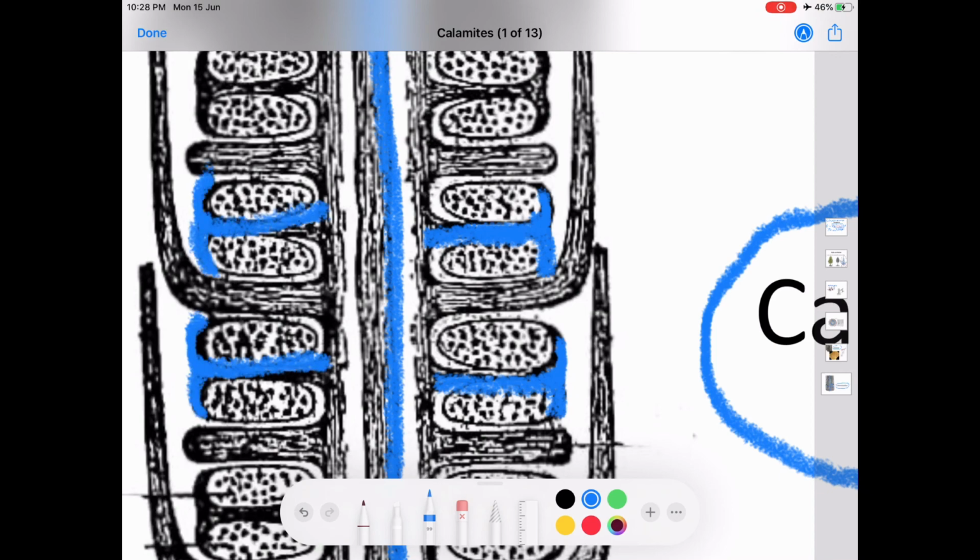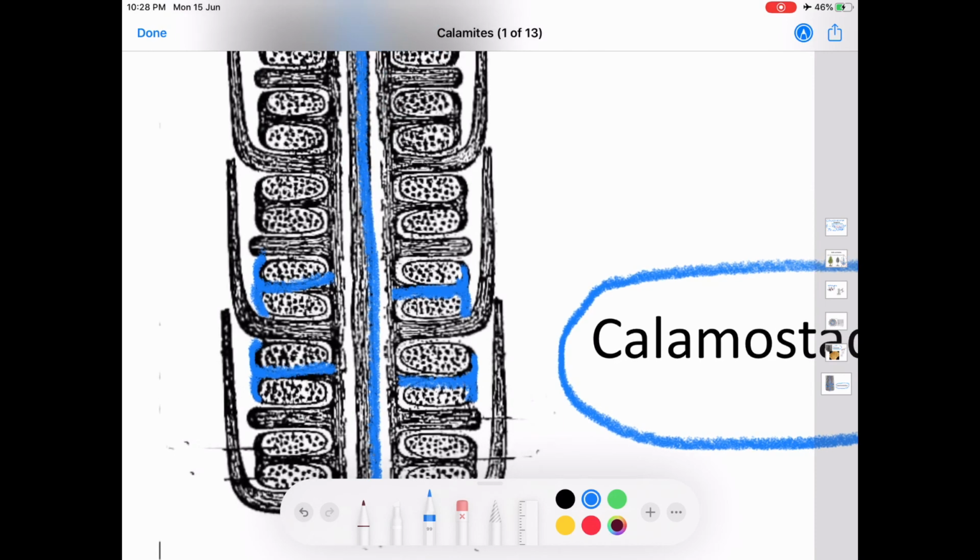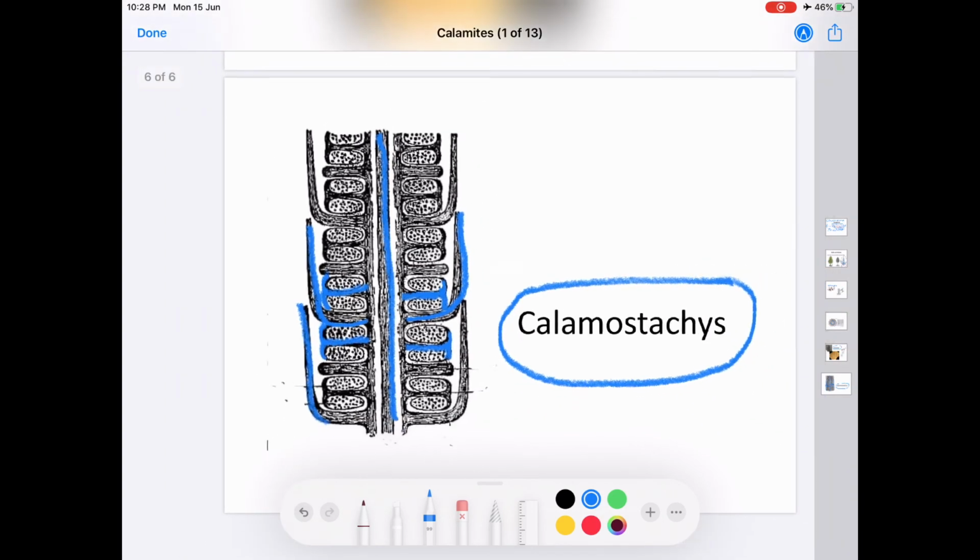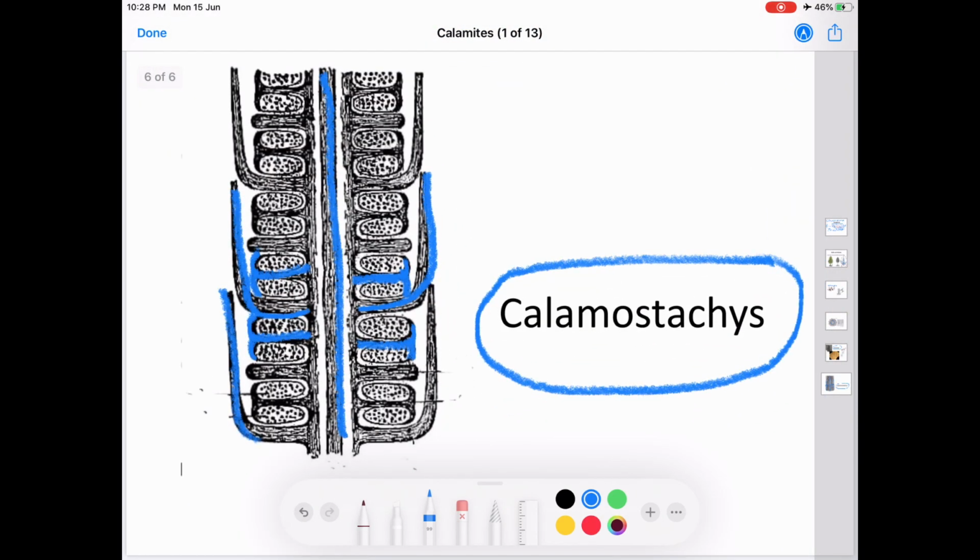Alternating with the sporangiophores, you can see the bracts. Once again, this strobilus or cone has a central axis, and around the central axis the sporangiophores and the bracts are arranged.